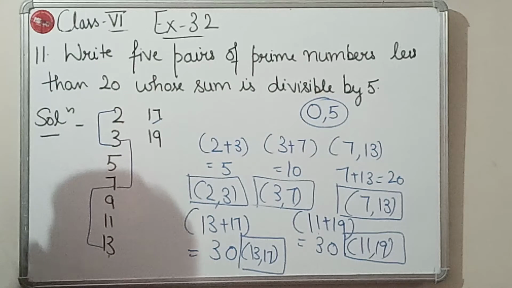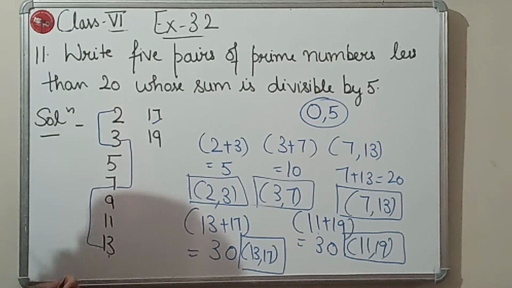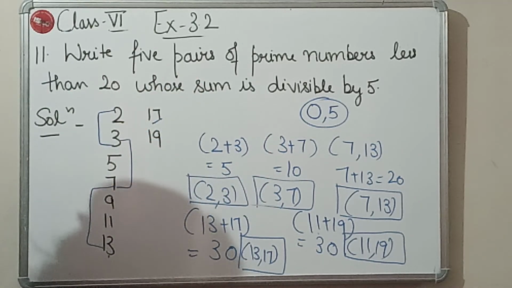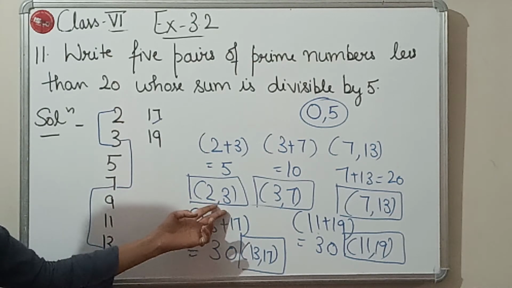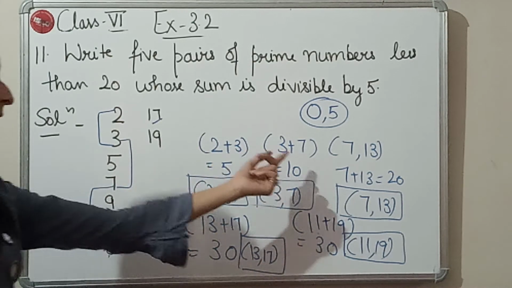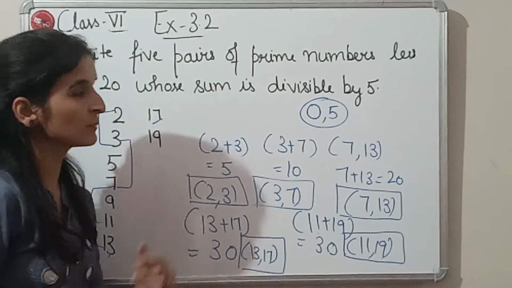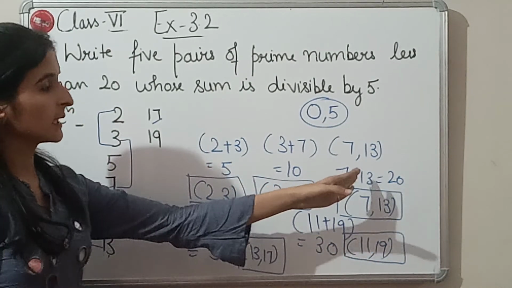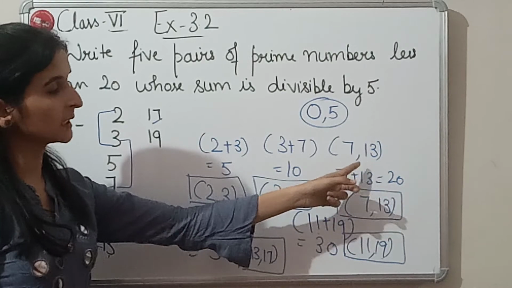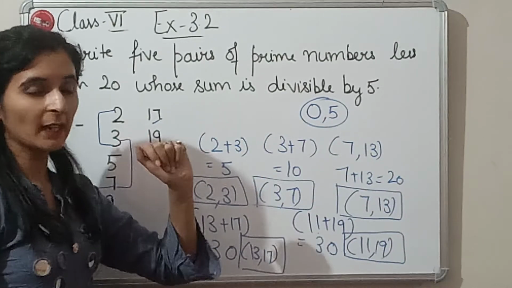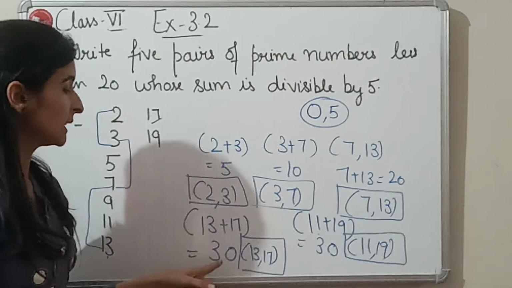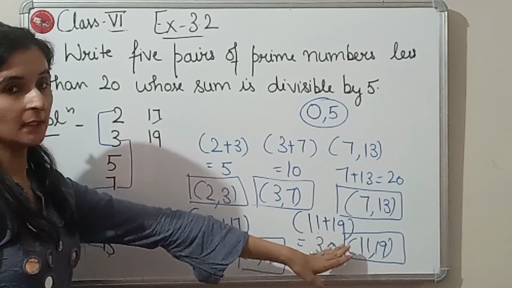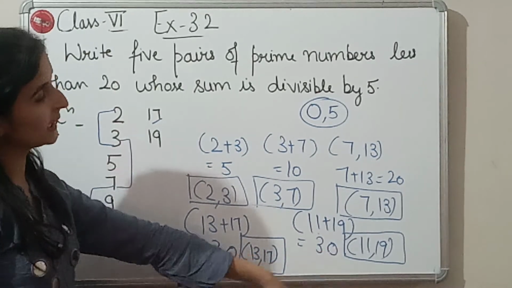So what have we found in this question? We have found the pairs of prime numbers whose sum is divisible by 5. Clear? So 2 and 3, their sum is 5 which is divisible by 5. 3 and 7, their sum is 10 which is again divisible by 5. 7 and 13, their sum is 20 which is divisible by 5. 13 and 17, sum of these two numbers is 30 which is divisible by 5. 11 and 19, their sum is again 30 which is again divisible by 5.